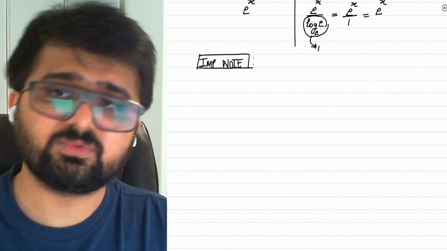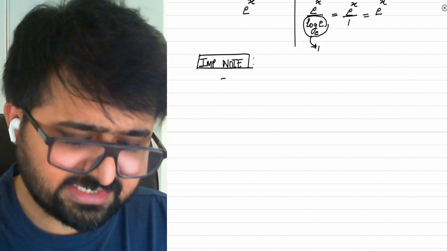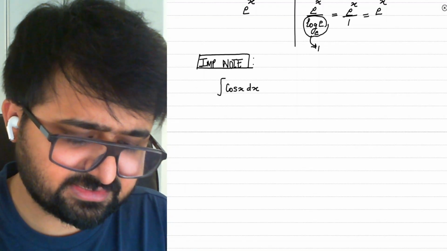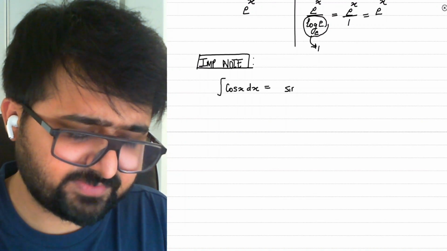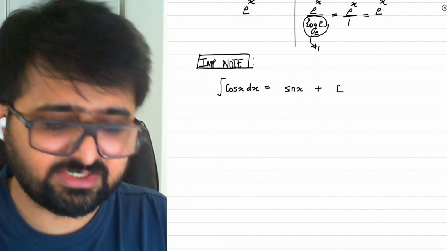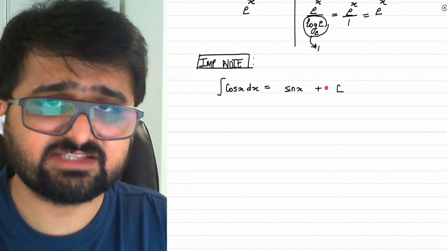I'll explain the note with the help of an example. Let's say integration of cos x dx is sine x, we know this, right? Plus c. We know this already, that integral of cos x dx is sine x plus c.